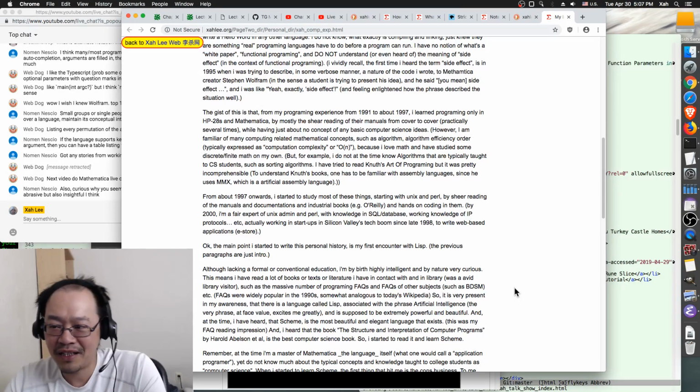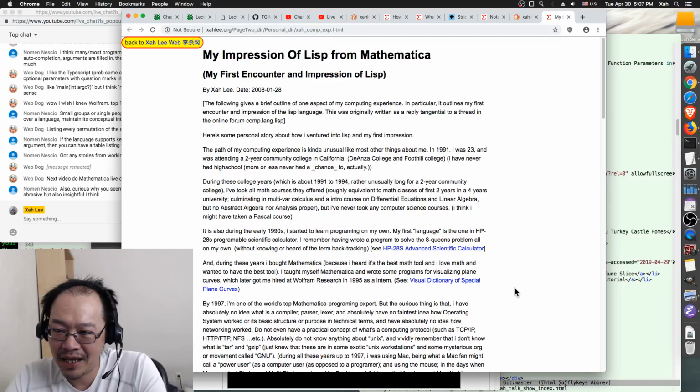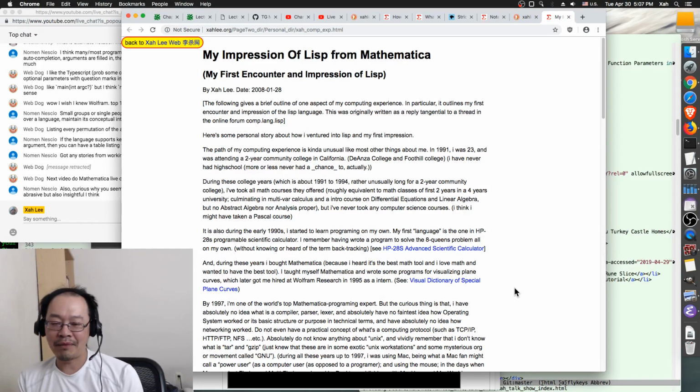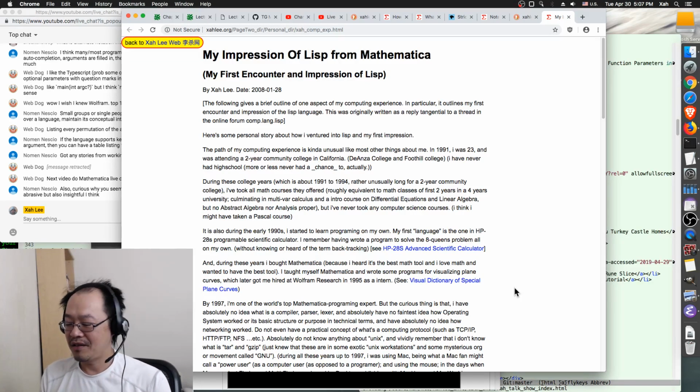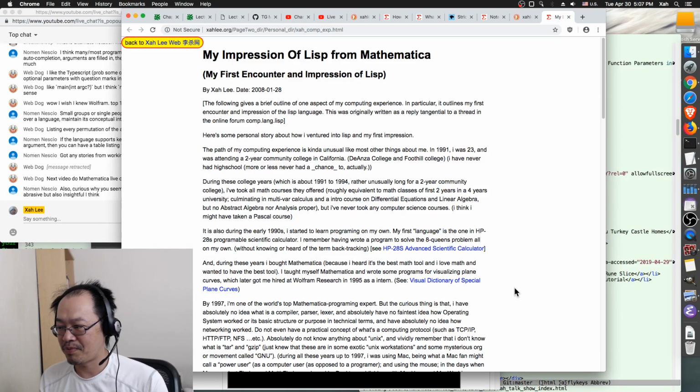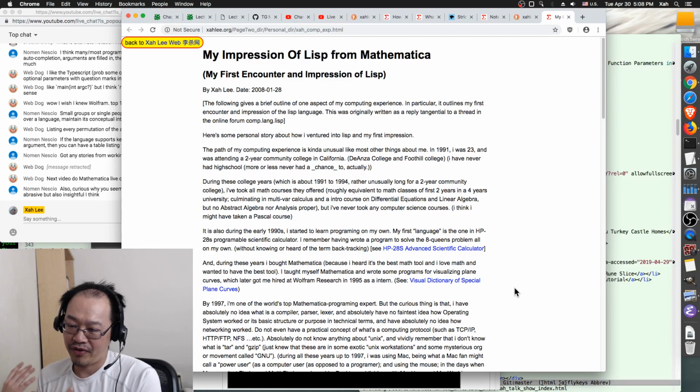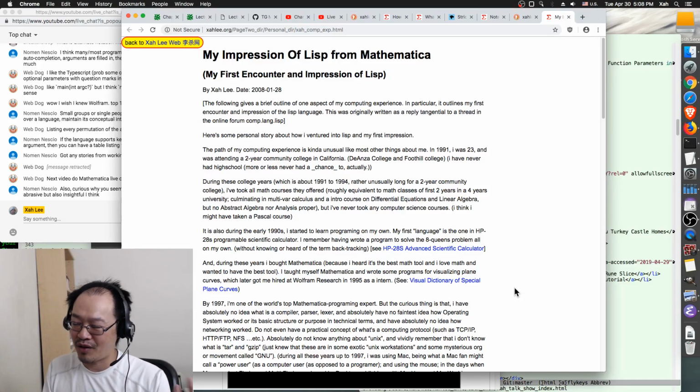Back in 2008, when I learned it, I might have thought, okay, I don't actually know Lisp that well, so maybe my impression of Lisp from my experience of Mathematica is biased. Also back then I didn't know that much about programming or computer science, as compared to now, after 20 years.